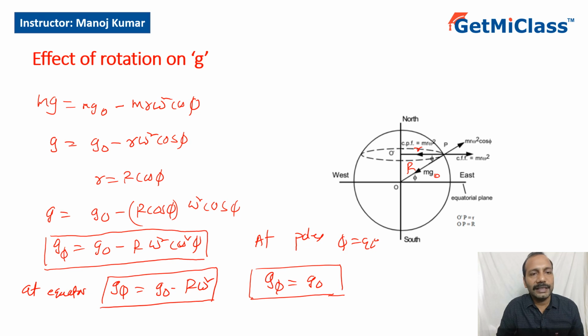Acceleration due to gravity is the acceleration with which an object falls towards Earth, and we have seen how acceleration due to gravity varies with height and varies with depth, and we have also seen that acceleration due to gravity has maximum value on surface of Earth, and it decreases as we go away from the surface or go in towards the center, and acceleration due to gravity at the center is 0.